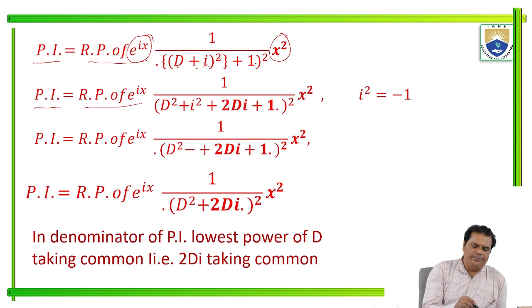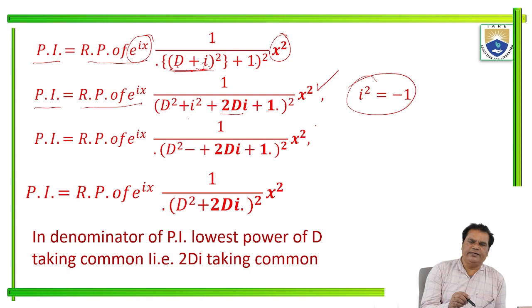PI is equal to the real part of e to the power ix times 1 upon the square of (D square plus i square plus 2Di plus 1) x square. Opening this, apply (a plus b) whole square: a square is D square, b square is i square, plus 2ab is 2Di, plus 1.